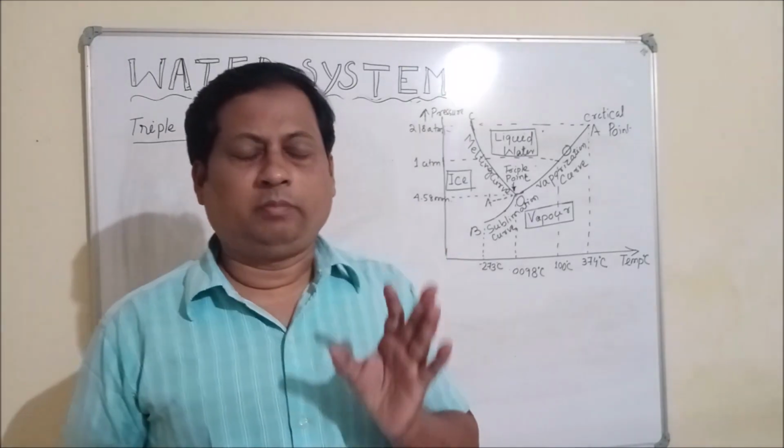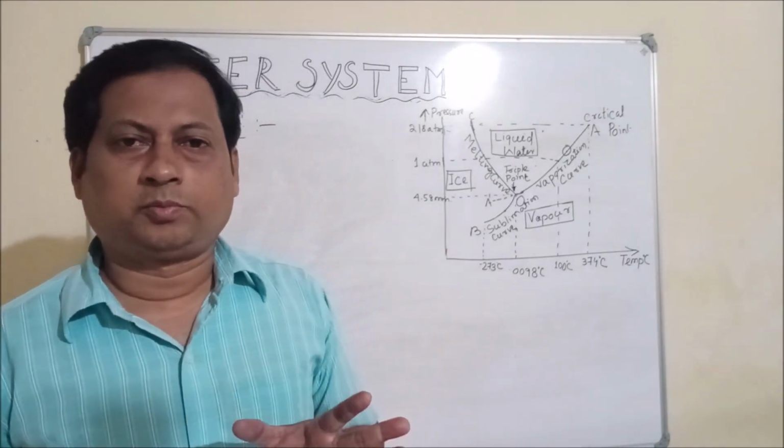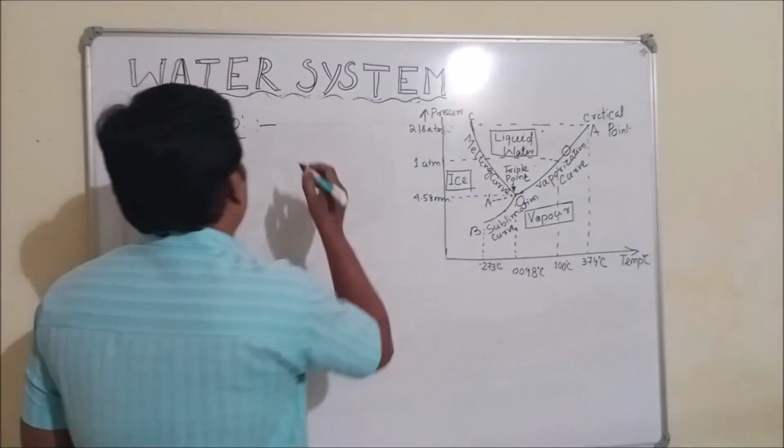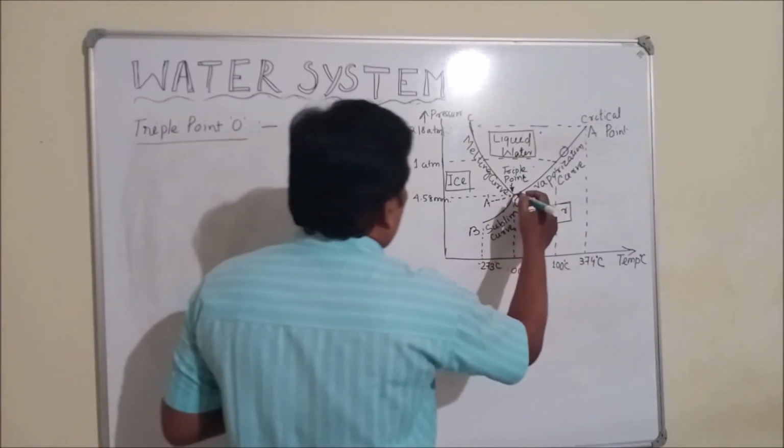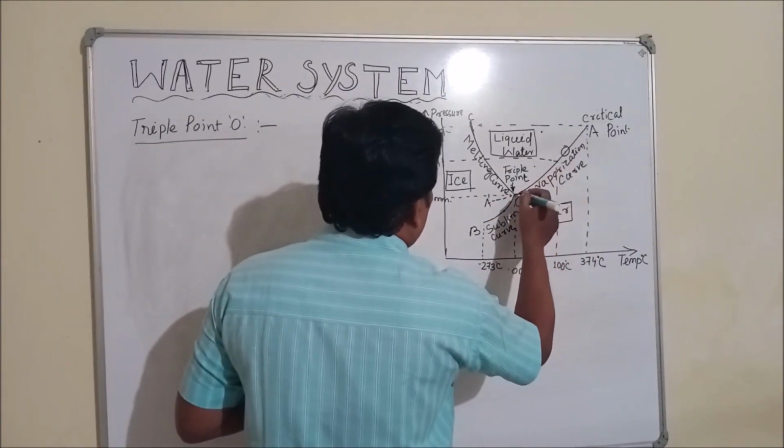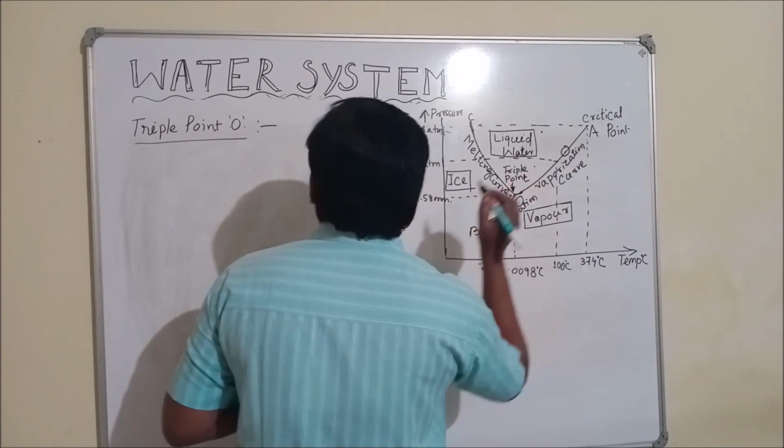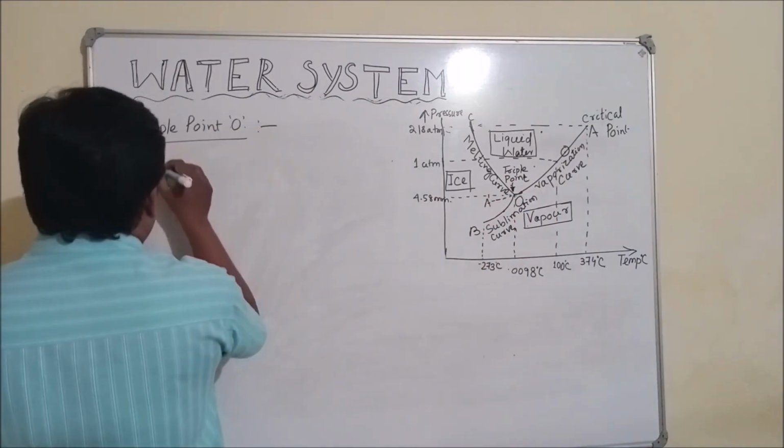Because all three phases coexist at the triple point O. This is the meeting point of all three curves, so all the equilibrium lines meet here.